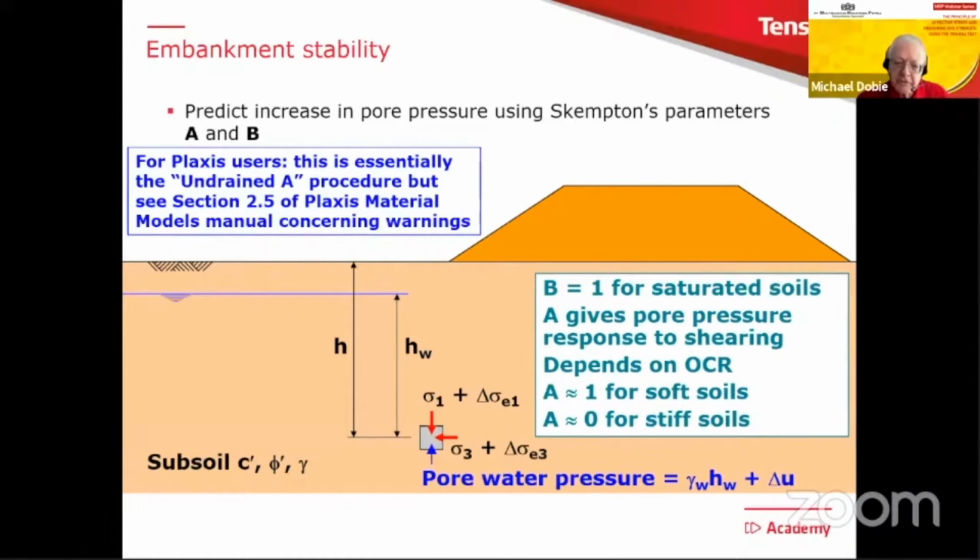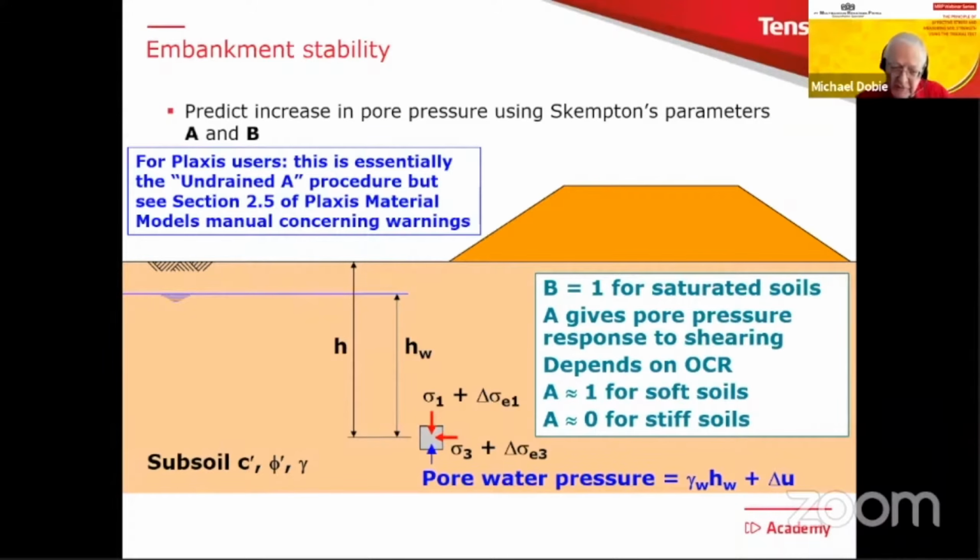Now, for those of you who like to use Plaxis or other FEA programs, this is essentially the same as what's called the undrained A procedure. And if you're going to use that in Plaxis, please read very carefully section 2.5 of the Material Models Manual of Plaxis, which gives some fairly severe warnings about the potential for inaccuracy in doing this, and about making sure that you check what you're finding against measured undrained shear strength.